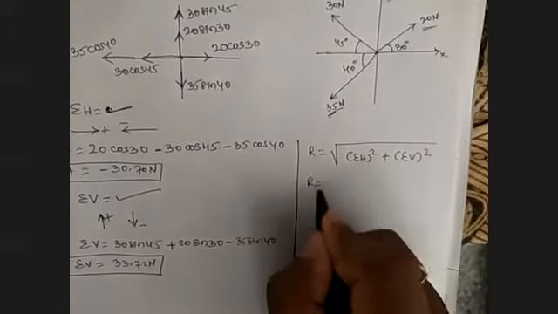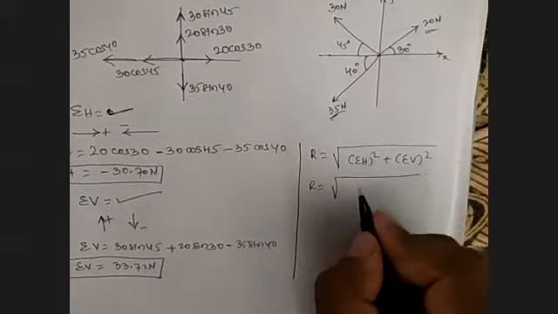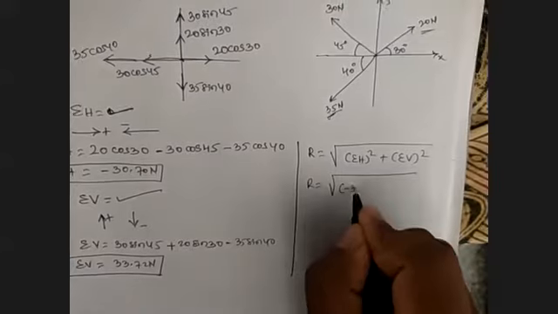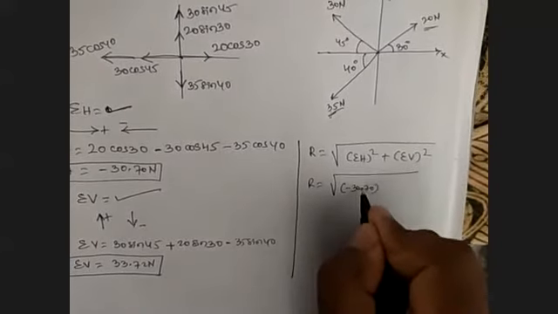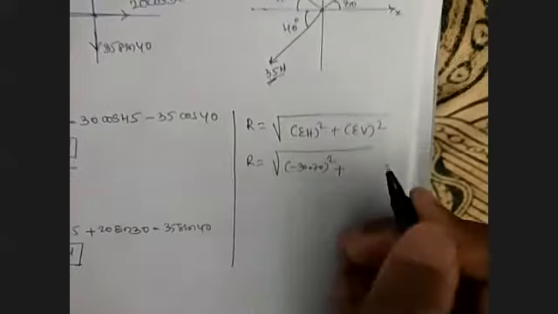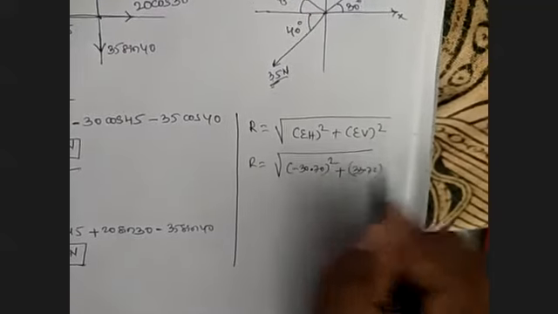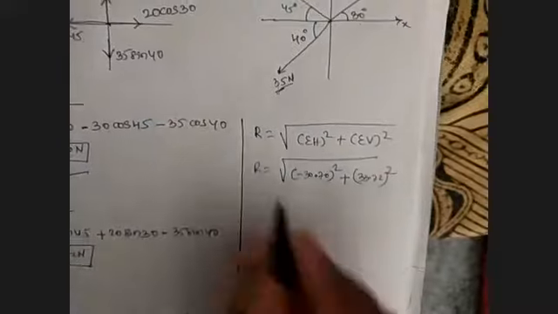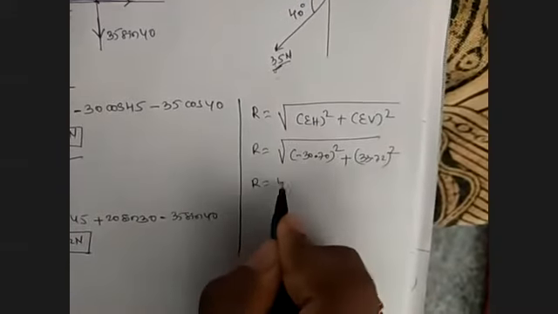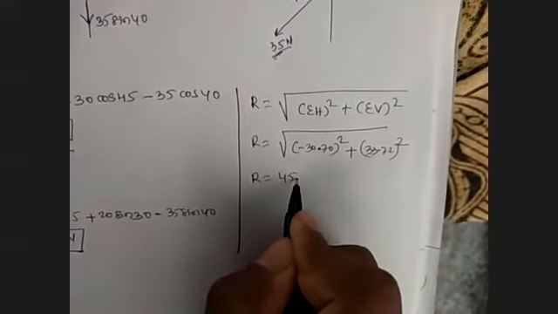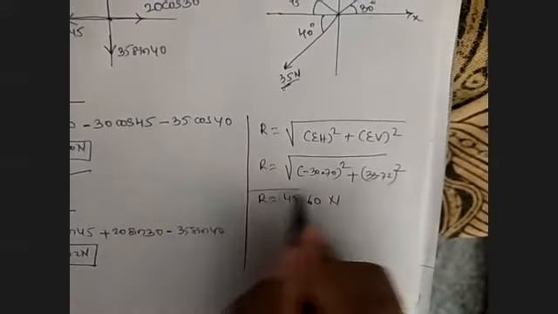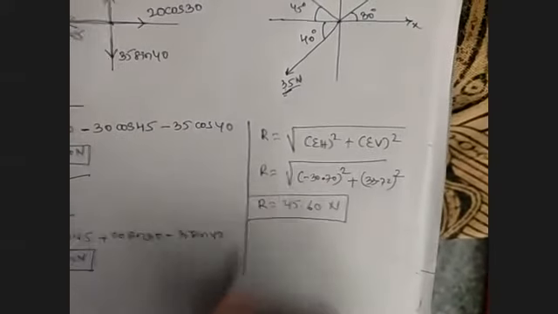Now R is equal to the square root of minus 30.70 whole square plus 33.72 whole square. It is equal to 45.60 Newton. Just work out, we'll get the answer.